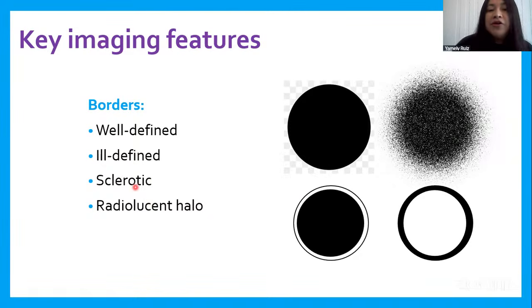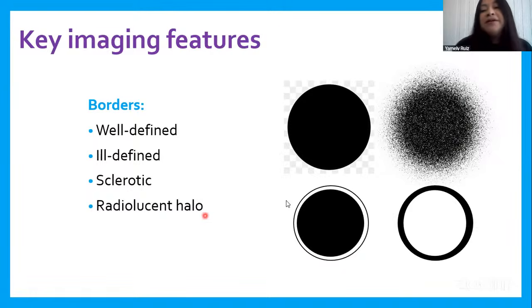The term sclerotic only applies to lesions that have a radiolucent or hypodense density, but the border is well defined. In addition, this border is hyperdense or radiopaque. That's the meaning of sclerotic border. But another word is radiolucent halo.